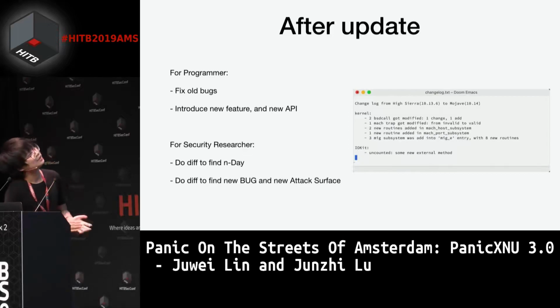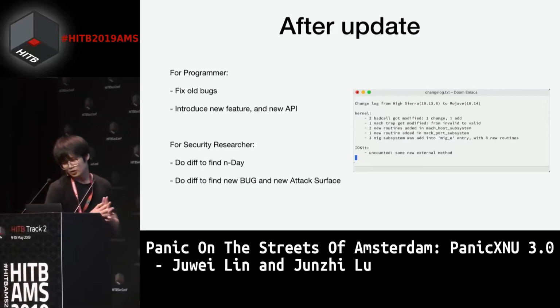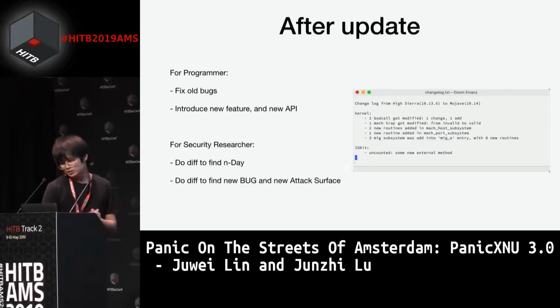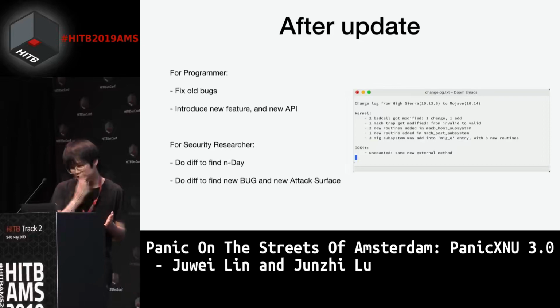Here you can see a changelog from High Sierra to Mojave. In the kernel, it has added 2 syscalls and 1 mach trap, and some new routines in subsystems. And most importantly, you can see that it has added 3 MIG subsystems and contains hundreds of routines.